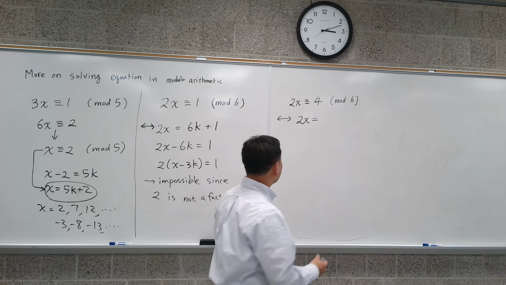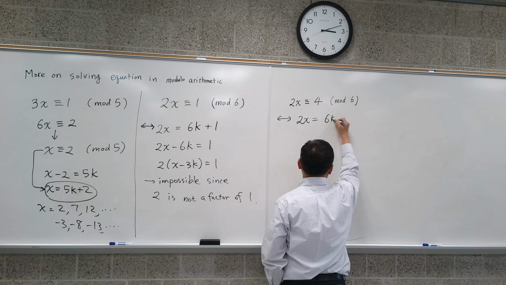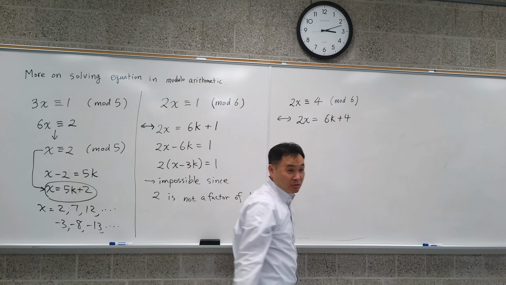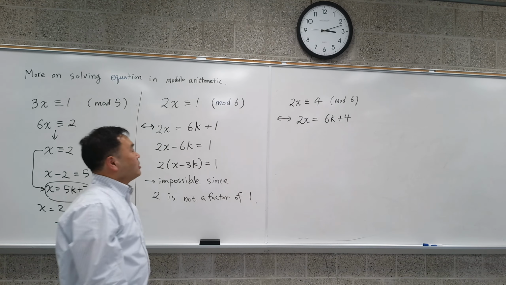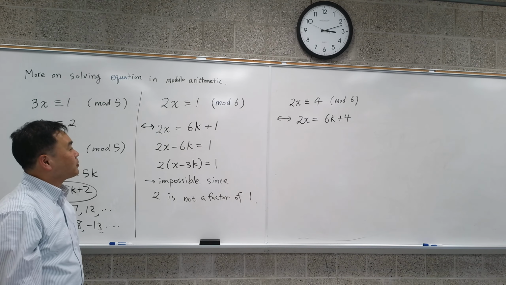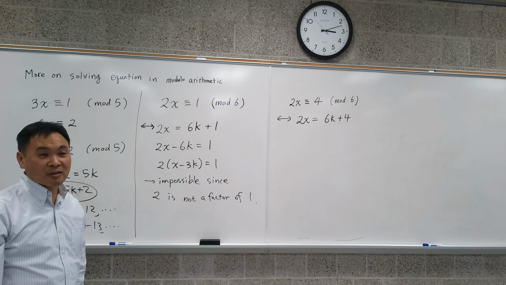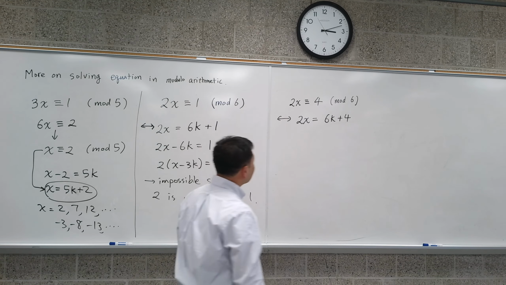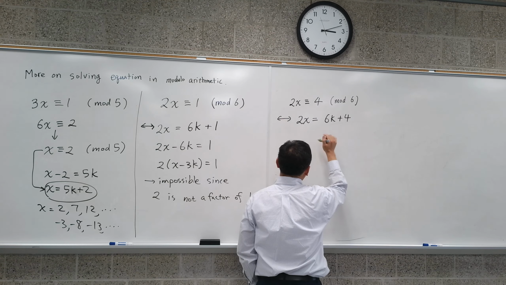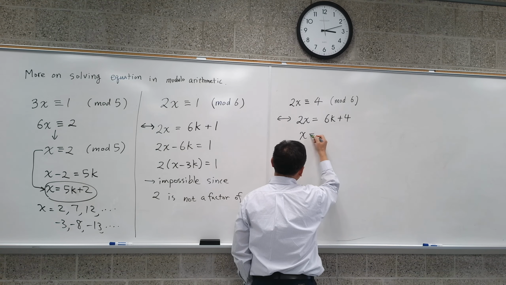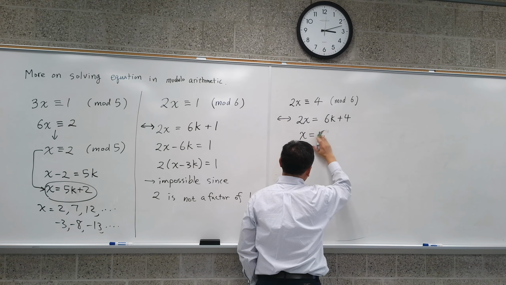Yeah, 6k plus 4, or 4 plus 6k, either is good. Okay. All right. Now that seems to be okay. In fact, if you look at this, you can divide both sides by 2, and you get x equals 3k plus 2.